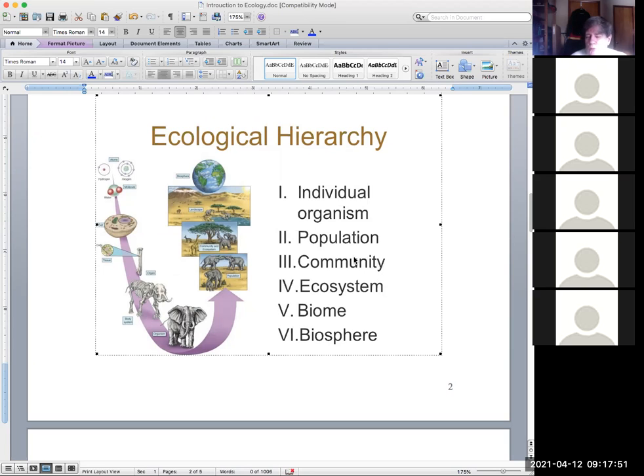And what we're going to focus on is how do these interactions affect the population? And in terms of the population, there's usually two things that we study. We either study their distribution, where do you find them, or we study their numbers.